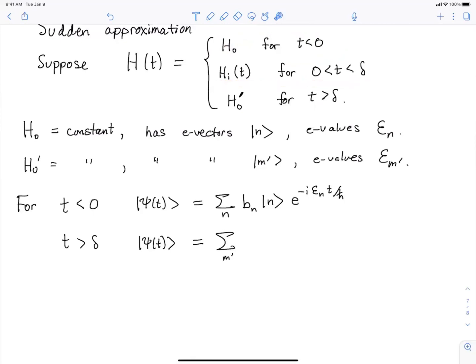Okay, so psi of t is the sum over m prime of some coefficient b of m prime times the stationary state. And then we know each stationary state just gets a phase multiplying it, which looks like the following.